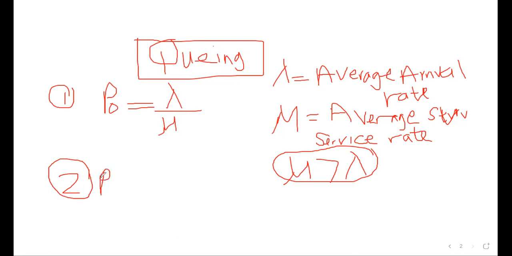The probability of there being any customer in the queue is equal to 1 minus PO, then PO to the power N. N represents the number of customers.